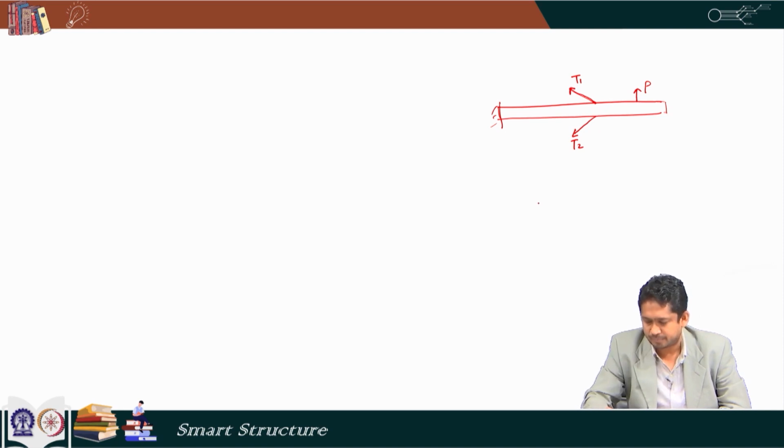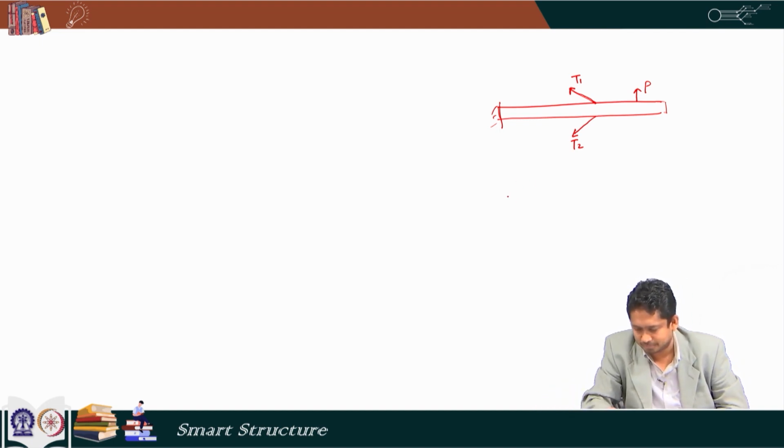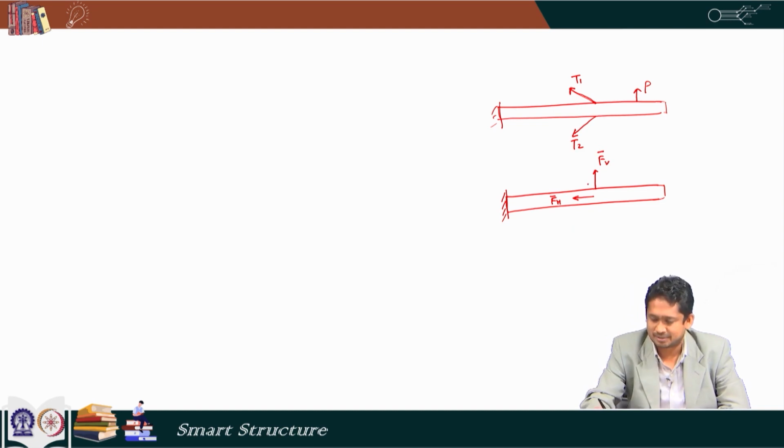Now, if we draw the same diagram below, then these two forces T1 and T2 give a horizontal force which we can call Fh bar, and a vertical force which we can call Fb bar, and apart from that there would be a moment that is induced, which we call m bar.